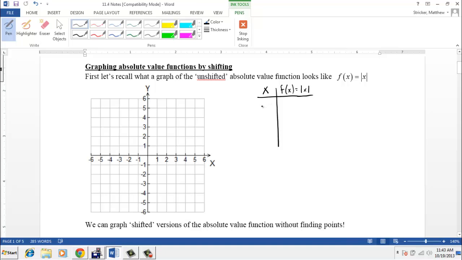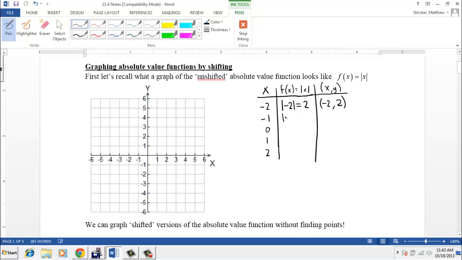So I like to generally start with -2, -1, 0, 1, and 2. When we plug in -2, the absolute value of -2 is +2, which gives a point with an x coordinate of -2 and a y coordinate of +2.